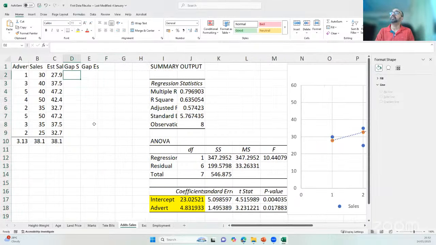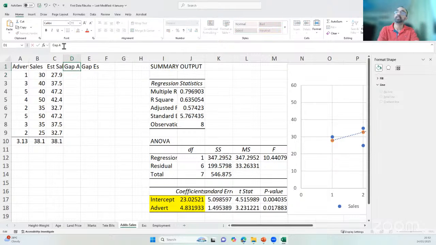So gap sales actual, for actual I will say A, is the actual value minus, as I explained to you, the mean value. We are talking about the deviation now from the mean value of y.